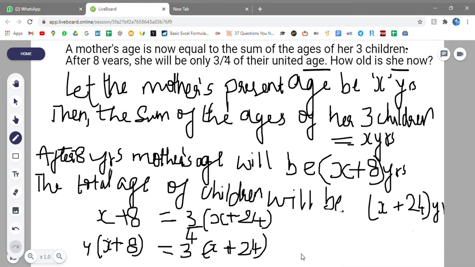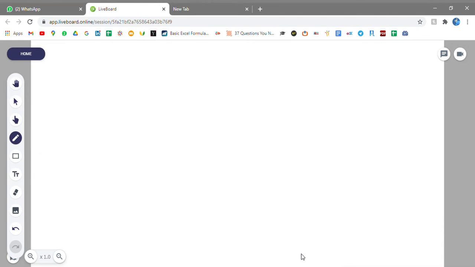Now let us move on and solve this equation, that is 4 into x plus 8 is equal to 3 into x plus 24. I'll just rewrite it once again here.